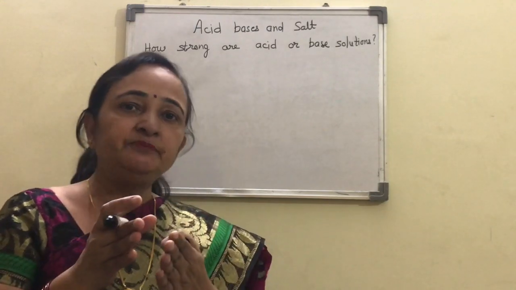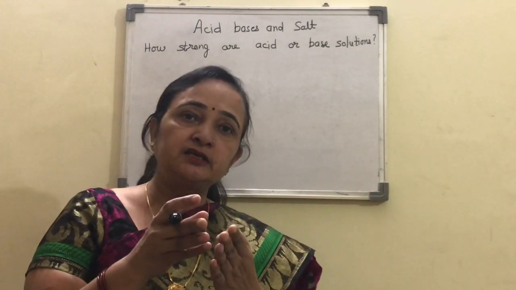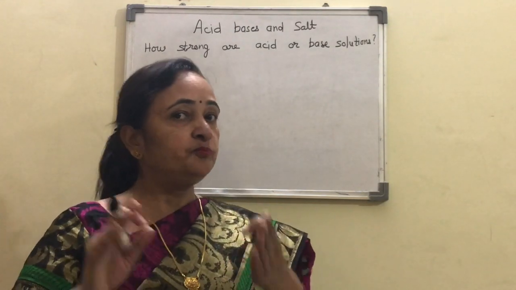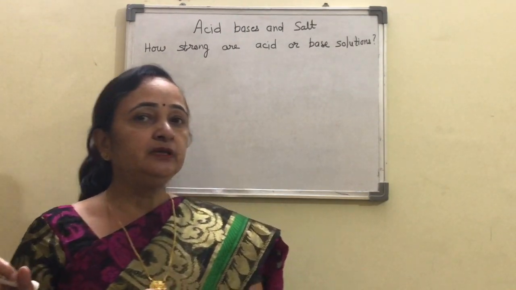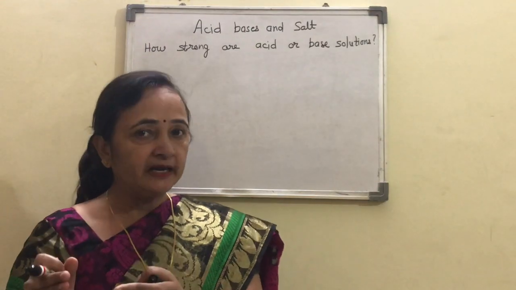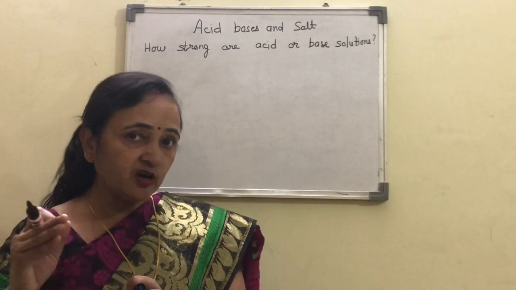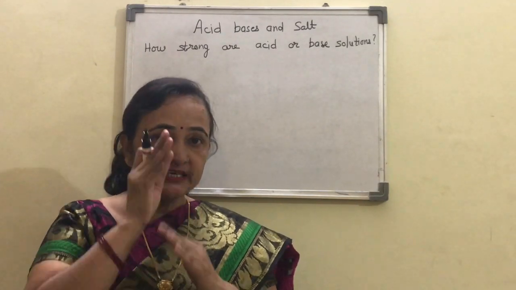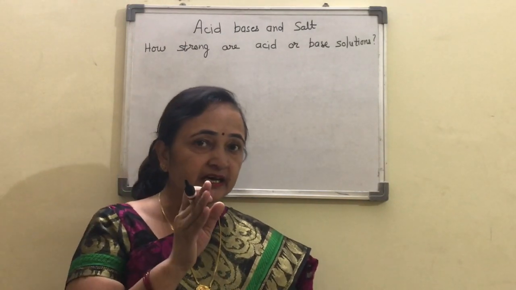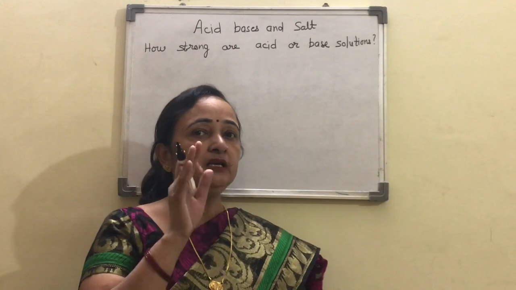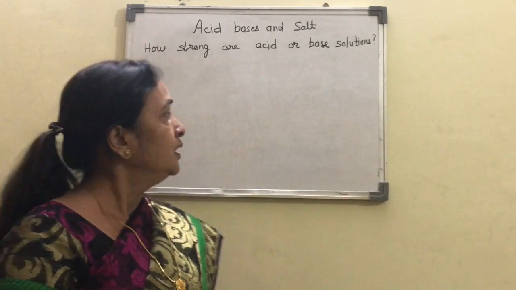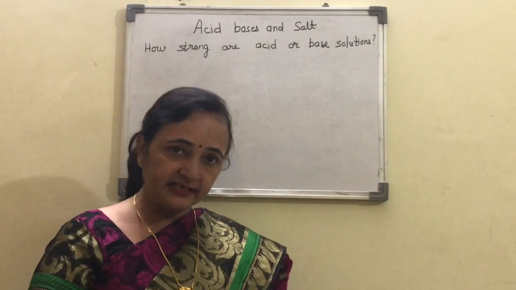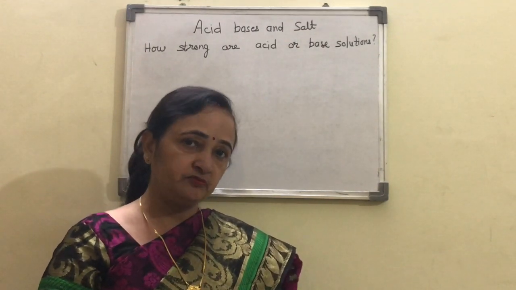It can be red, pink, reddish orange, or orange. In case of bases, the color will be light blue, dark blue, and different shades of blue. In between there is a green color, and that green color is for neutral substances. Students, you can go through this in your NCERT book.